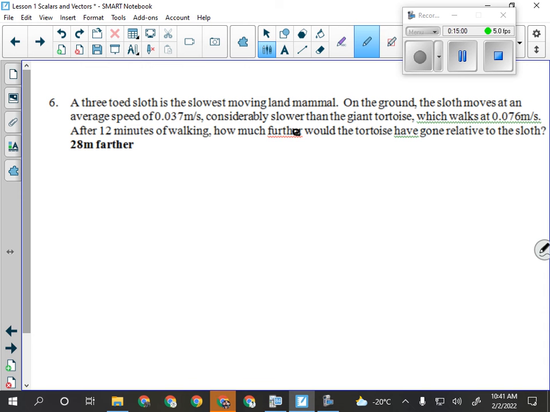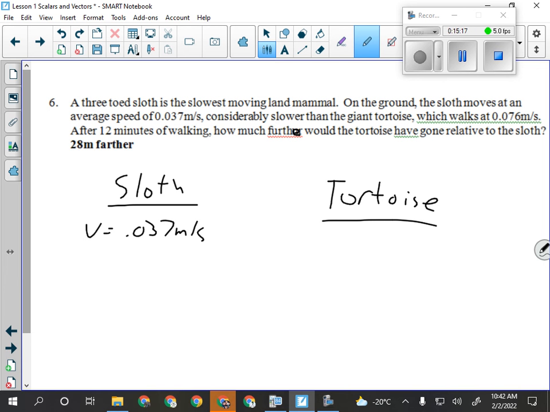So if we have the sloth, we know that the sloth can move at a speed of 0.037 meters per second, and we know that the tortoise can move at 0.076 meters per second. Okay, they're both going to walk for 12 minutes.